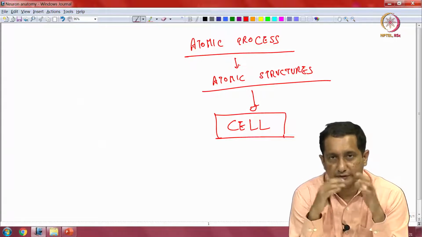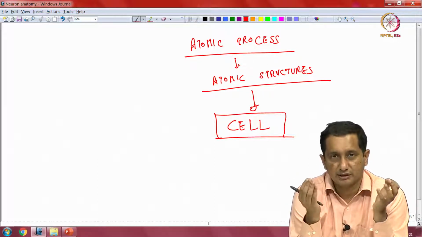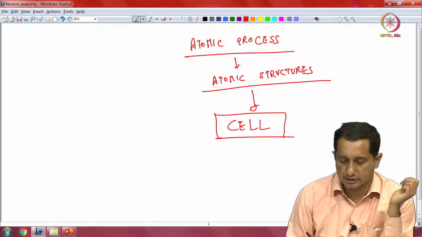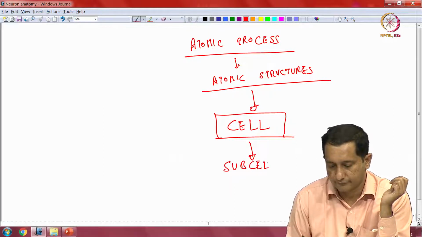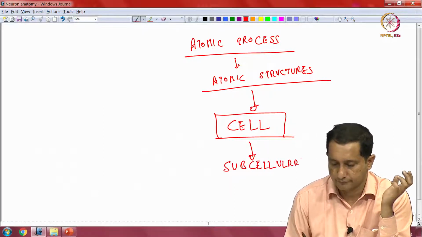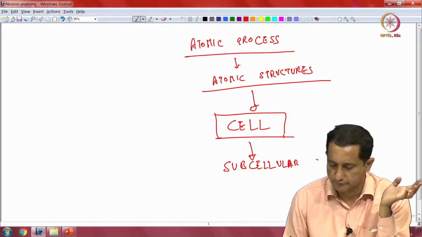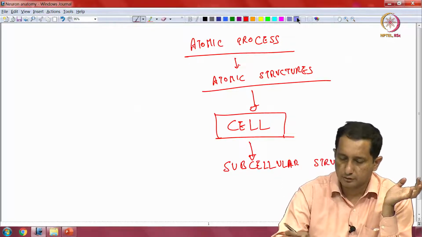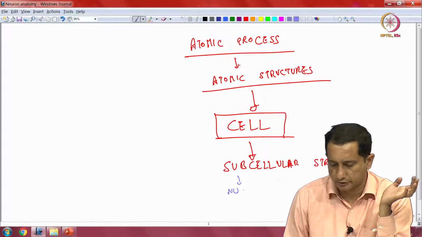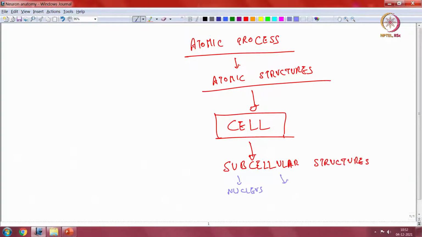You have a cell. We have already discussed membranes which cover the cell. It is not that the cell has nothing further. So, you have subcellular structures, which would include something called the nucleus, then cytoplasm, and membrane incidentally.